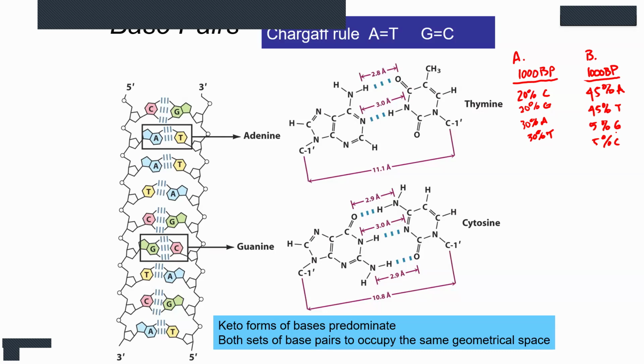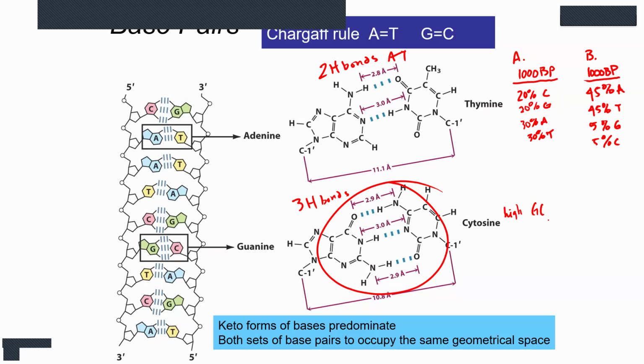Okay, so which one's stronger? Well, ultimately, it boils down to looking at these individual interactions. We've got three H bonds between G and C, two H bonds between A and T. So essentially, what that means is if you have something that's a high GC content, that is stronger than something that's low GC content.